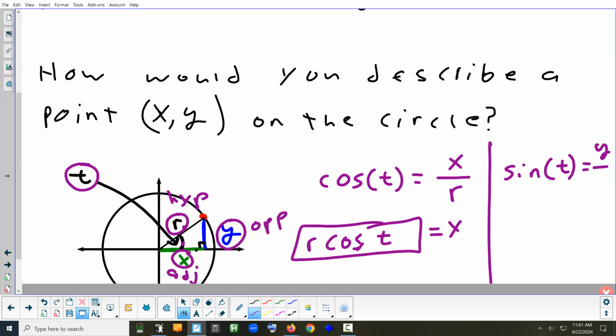Y, over hypotenuse, which is R. And same thing, to type it in parametrically, you need y by itself. R sine of t. R sine t. So that's what you type in parametrically if you want to draw a circle. The only thing you need to know is how big your circle is. That's R.